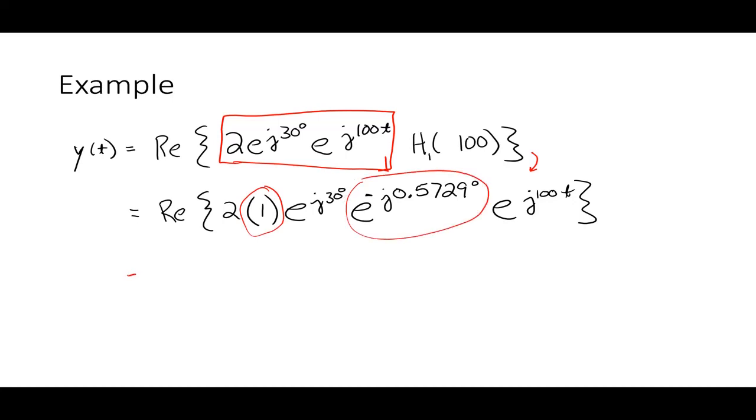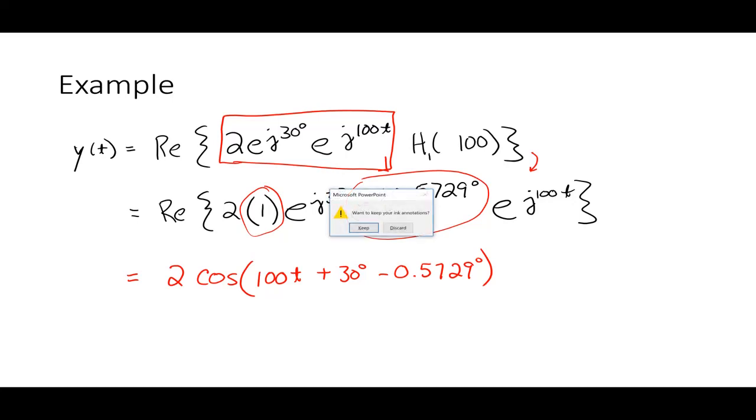I take the real part of that, which would be a cosine, so I say 2 times 1 is 2, times cosine of, combining all those e to the j terms, 100t plus 30 degrees minus 0.5729 degrees.